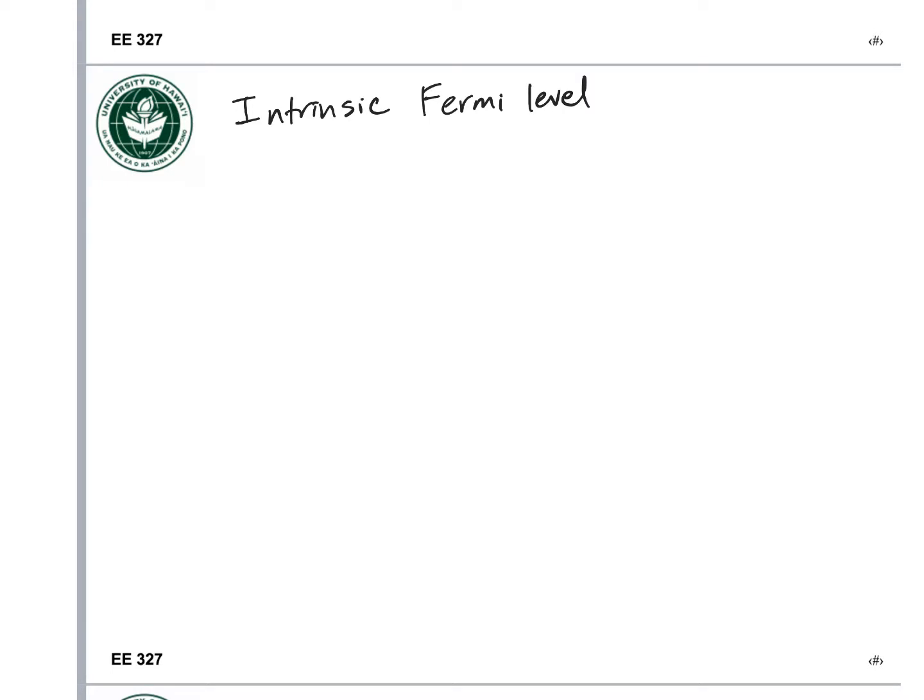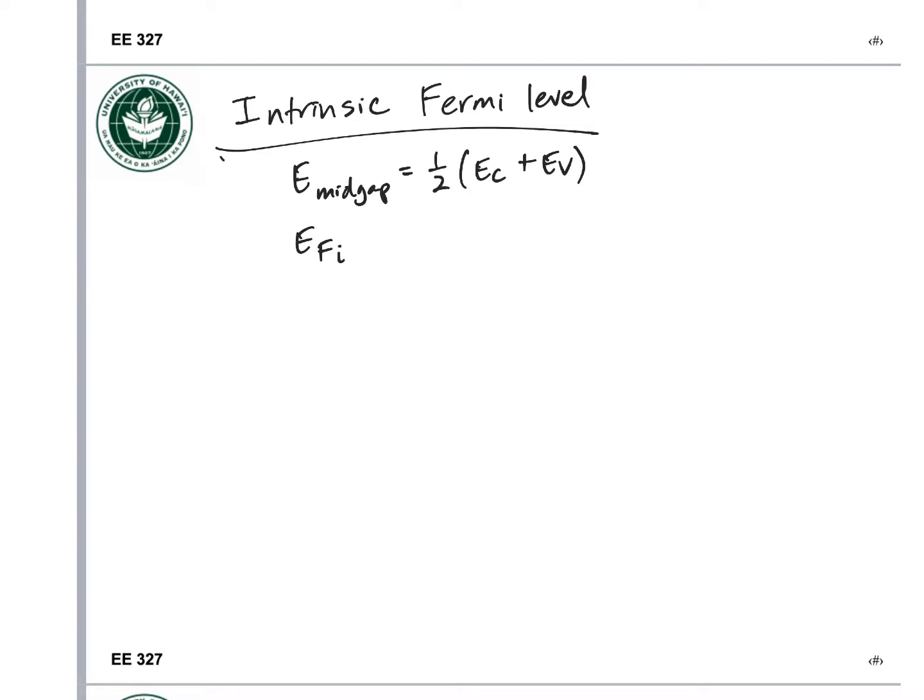So we can define an energy that's exactly halfway between the conduction band energy and the valence band energy. Just take the average of those two energies. So that's going to be the mid-gap energy. But that's not the Fermi level energy for an intrinsic semiconductor.